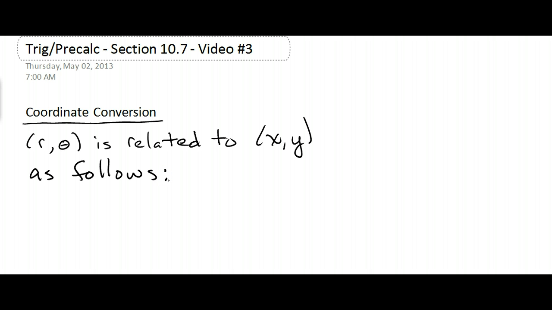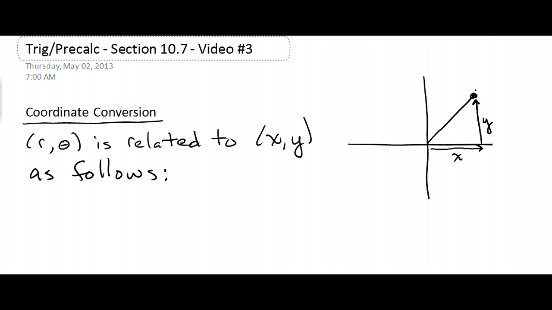Let's take a look at a graph here, and let's put a point out here in the first quadrant. There's two ways that we can get to this point. I can either go this direction first, so that would be x, and then I could go up in my y direction, so that would give me my x comma y, and I'm going to connect this here. So that's how I would get to that point using xy coordinates.